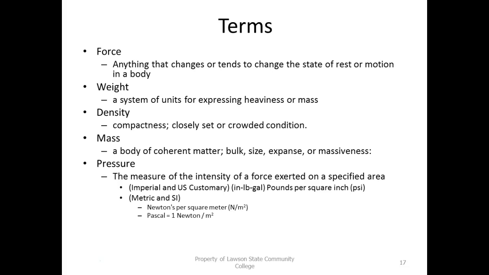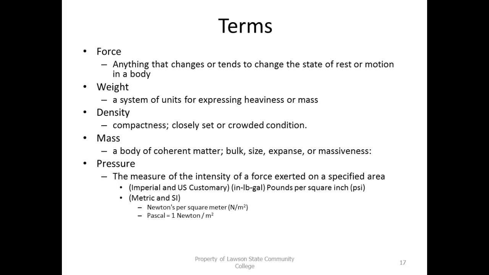So force is anything that tends to change or changes the motion of a body. Weight is a unit that represents the heaviness or the mass of an object. Density, of course, is how close things are packed. Mass, you can read it as well as I can, but pressure measures the intensity of a force exerted on a specific area.